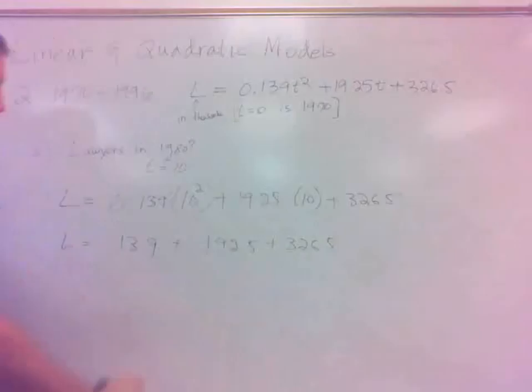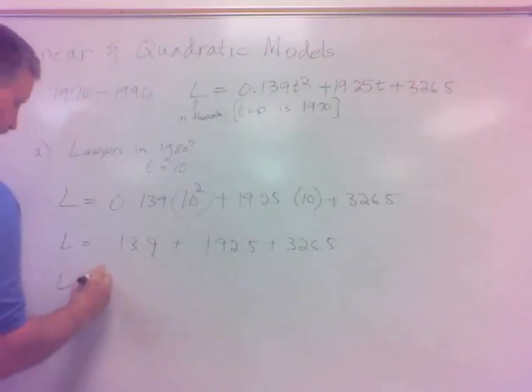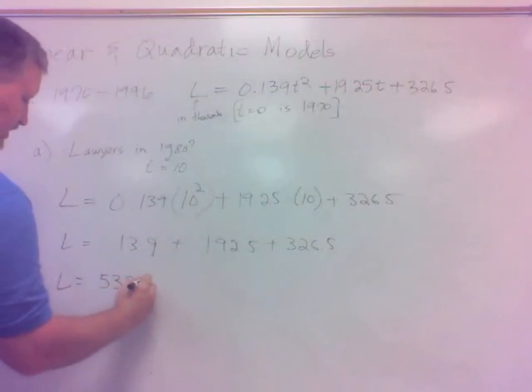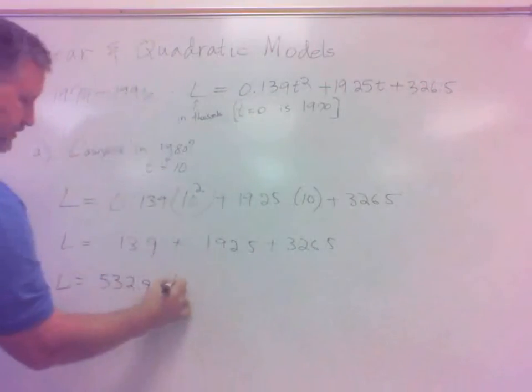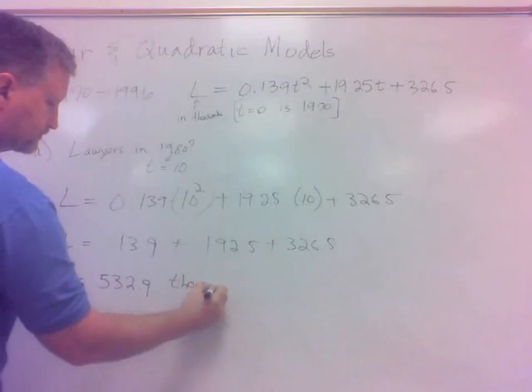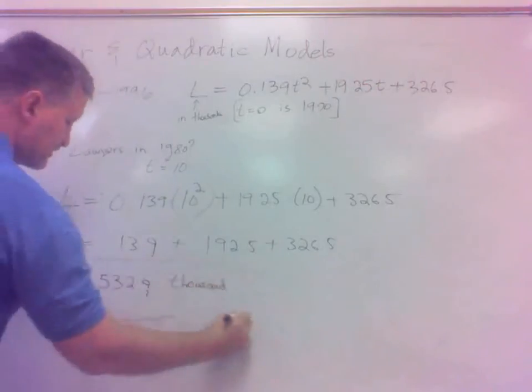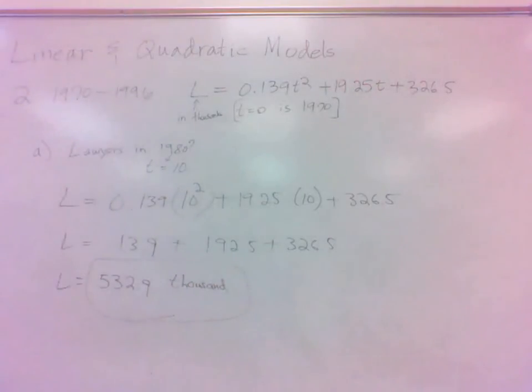Add that together: 13.9 plus 192.5 plus 326.5 gives 532.9. And L is in thousands here. So basically 533,000 lawyers in the year 1980 by this model. All right?